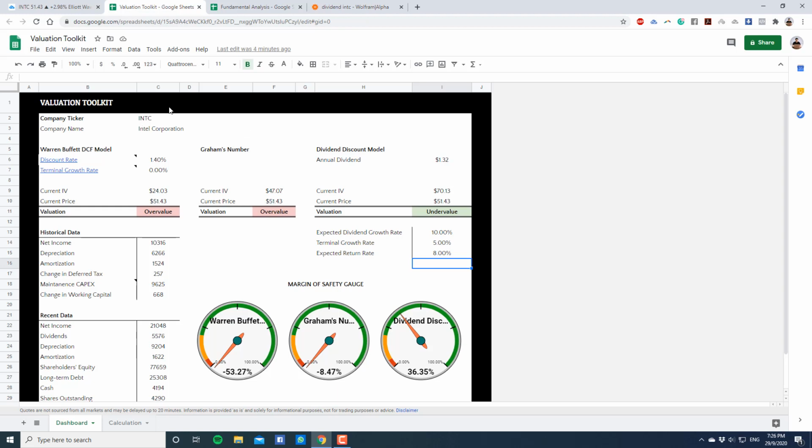So this is the valuation toolkit, which is generally what we use when we look at a stock for investment. There are various models in which we can do valuation. Some is what we call the DCF, the discounted cash flow model. That's what Warren Buffett used to find out whether a stock is undervalued. Is it a good buy?